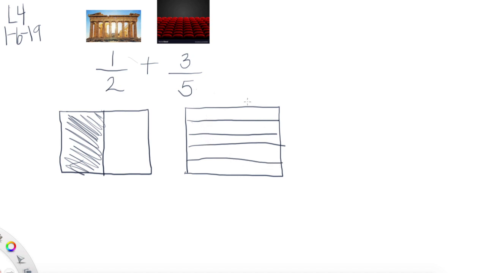And then I'm going to shade in 3 of those rows because I'm representing 3/5. 3 of these rows are shaded out of the 5 total. And notice how I'm hopefully trying to use a darker stroke with my rows and a lighter stroke with my shading. Okay, so now guys, we have 1/2 plus 3/5.